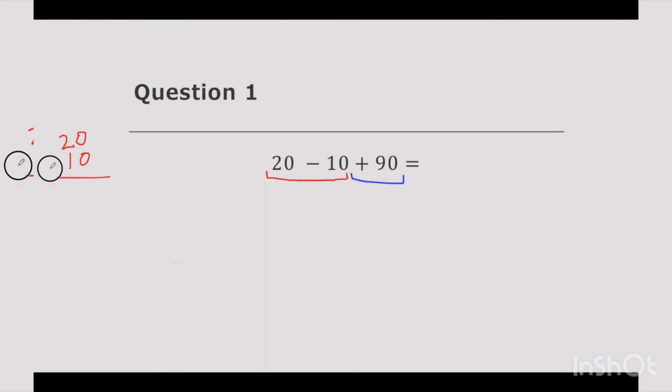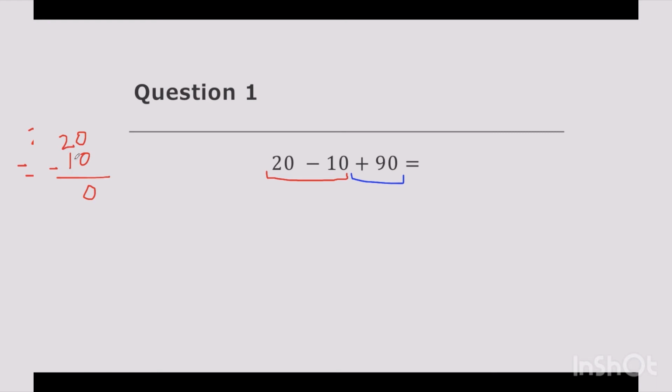There we go. 20 minus 10. So 0 minus 0 is always going to be 0, because you're just subtracting 0. 0 means none, and 0 minus 0 is 0.